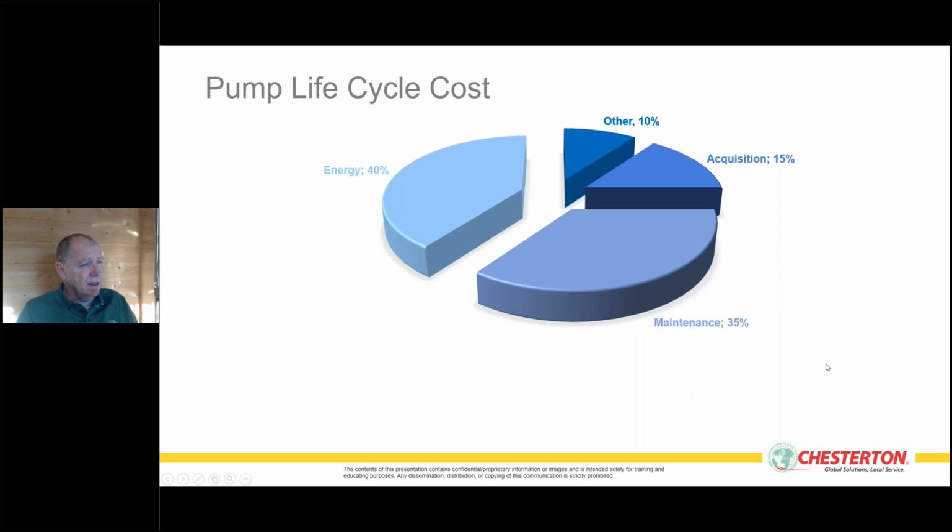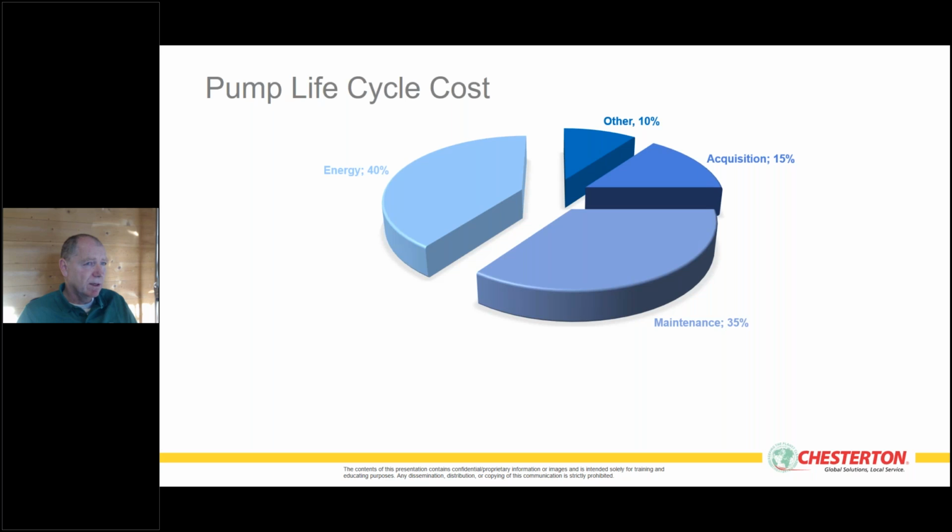If we look at pump systems and their life cycle costs, we may or may not be aware that the biggest cost for a pump in operation in industry is the energy usage. It far outweighs anything else, particularly the acquisition cost, and even maintenance costs. But it's not the number one priority for a lot of customers when they're purchasing pumps.